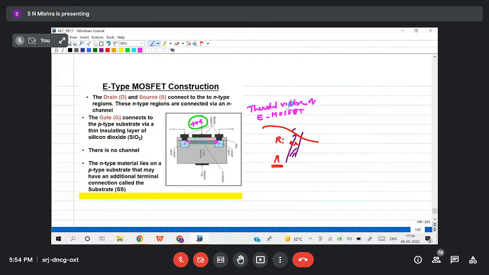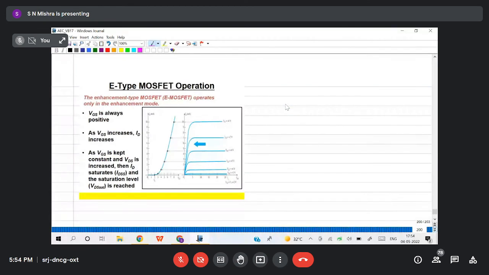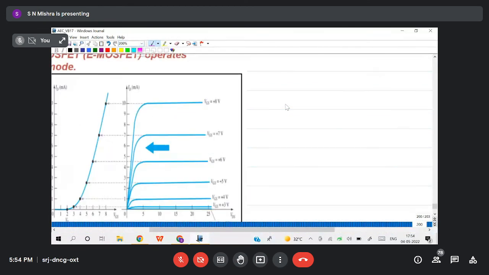So the difference you can see here: there is no channel, it is written here, and when I apply positive voltage, see this figure.